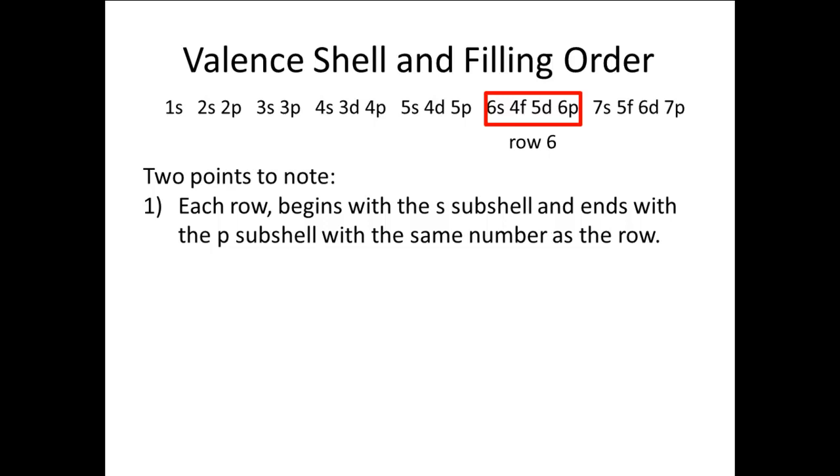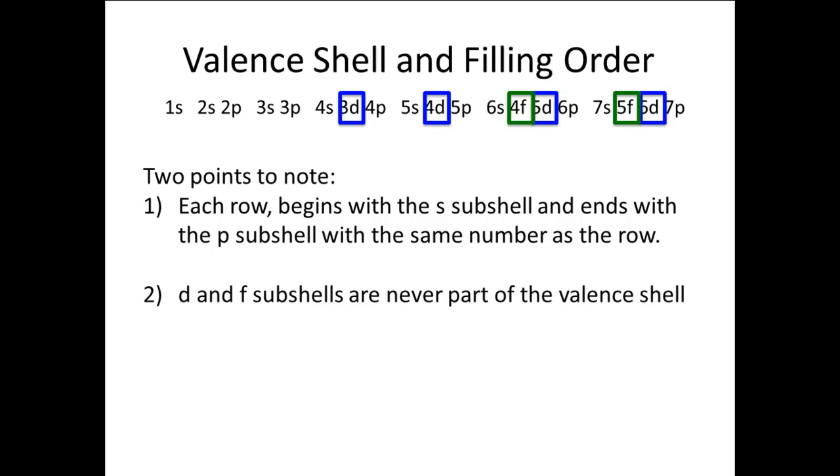The second point is that the d subshells and the f subshells always appear after an s subshell with a higher value of n. So they never are part of the valence shell.